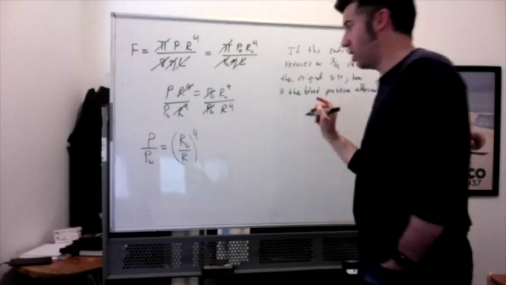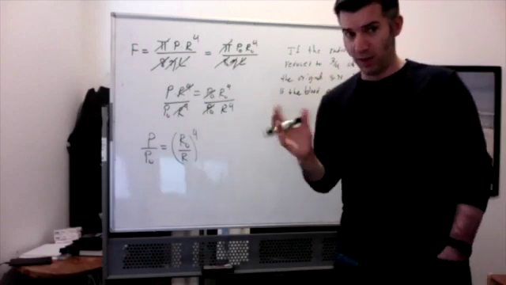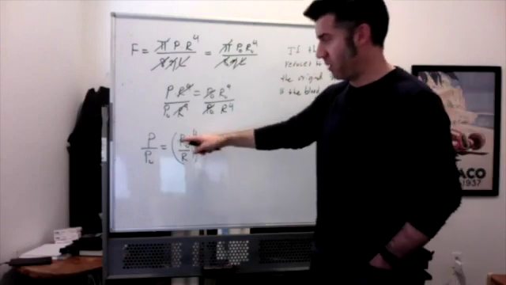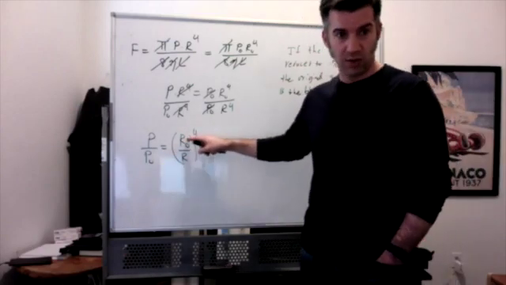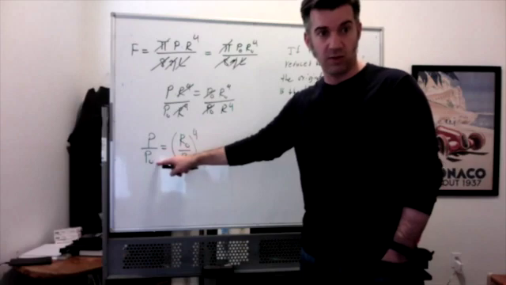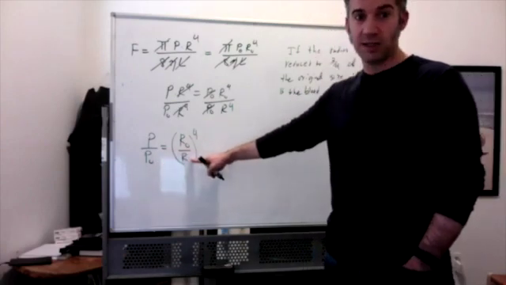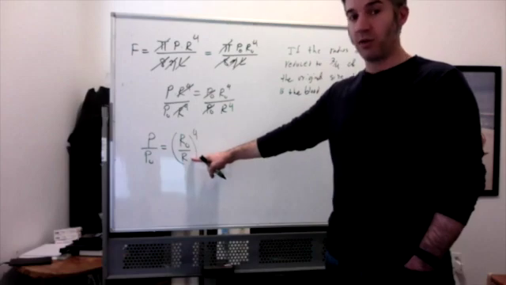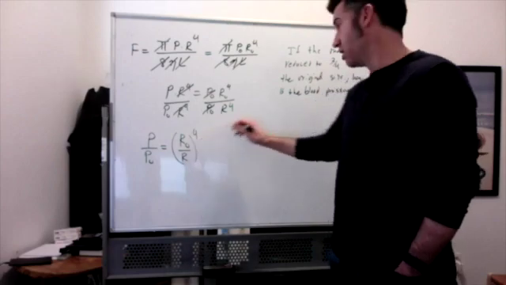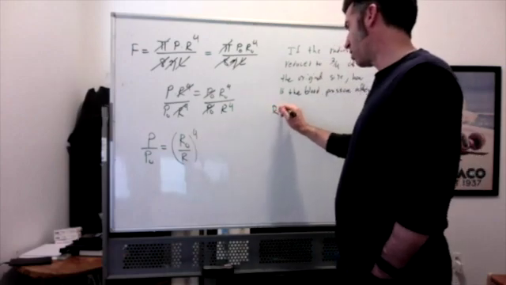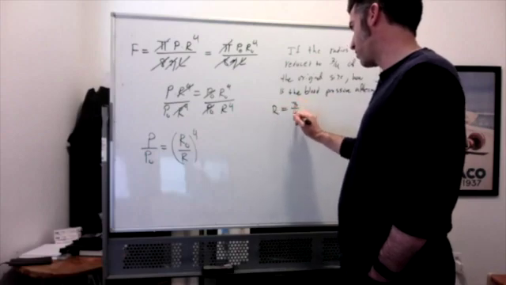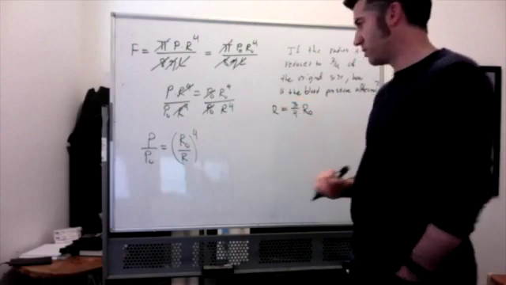Okay, so again, remember what's what here. The R naught and the P naught are the initial radius and the initial pressure. I'm reducing my new radius R to 3/4 of the initial radius, so R is equal to 3/4 of R naught.